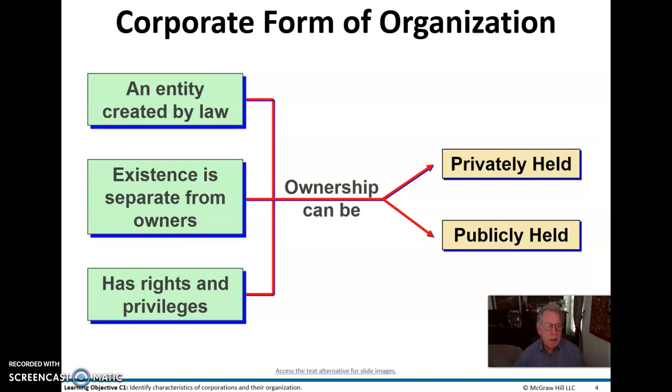Publicly held meaning that we sell its stock to the public. I, for example, have 400,000 shares of a privately held corporation called Vehicle Research Corporation in Pasadena. And the only way you can get stock from that company is to purchase it from me or one of the other stockholders.